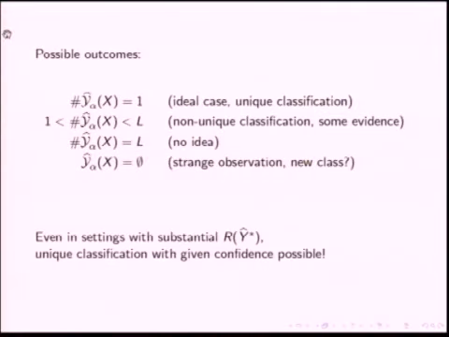The point is, if you think about the first situation, even in situations where the Bayes optimal classifier has a substantial risk, that means even in situations which are intrinsically difficult, it is still possible to have a unique classification with a given confidence, at least in a certain fraction of cases.